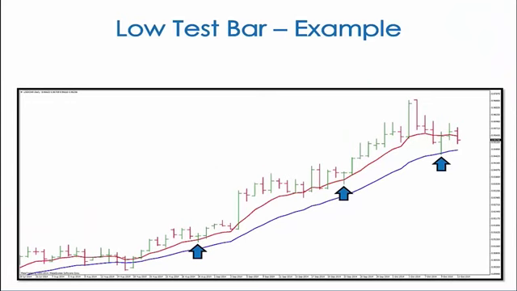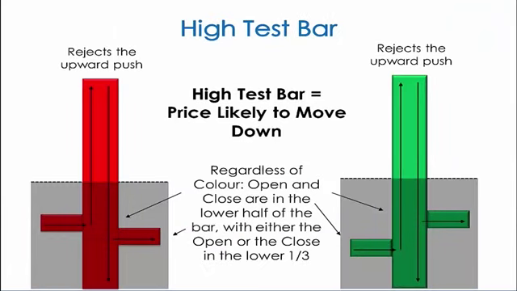Now, low test bars are for the upward trend. High test bars are the exact opposite, they're the mirror image for a downward trend. So, price is likely to move down. High test bars are a sell signal, and we only use them in a downward trend. Colour is completely irrelevant, it doesn't matter at all. Pink and purple, it doesn't matter.